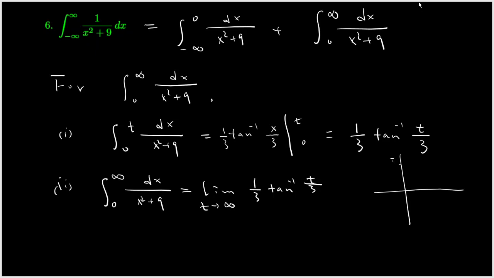Well, let's say you have half pi in here. You have a negative half pi in here. You have two horizontal asymptotes. I'm trying to draw the graph of inverse tan of x. Illustration only. If that is the graph of inverse tan of x, the horizontal axis represents x, vertical is y.